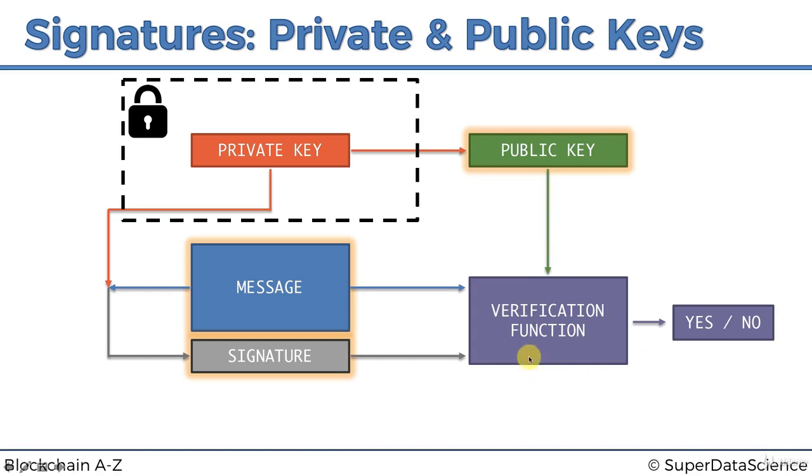All of the nodes in the network will use the verification function and apply it to these components which come together, and they will see that indeed this signature was created by the same private key which issued this public key. And since this public key came from Sarah, it's attached to the message, there we go. That means this transaction was created by Sarah, indeed. So that's why you definitely need to keep your private key safe.